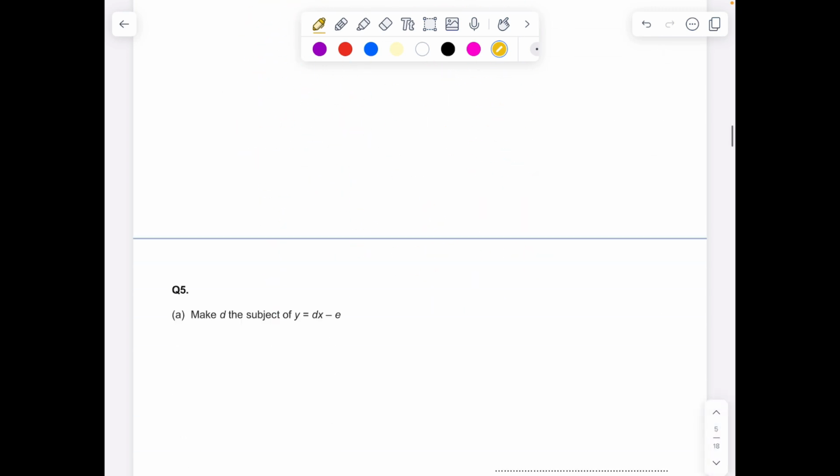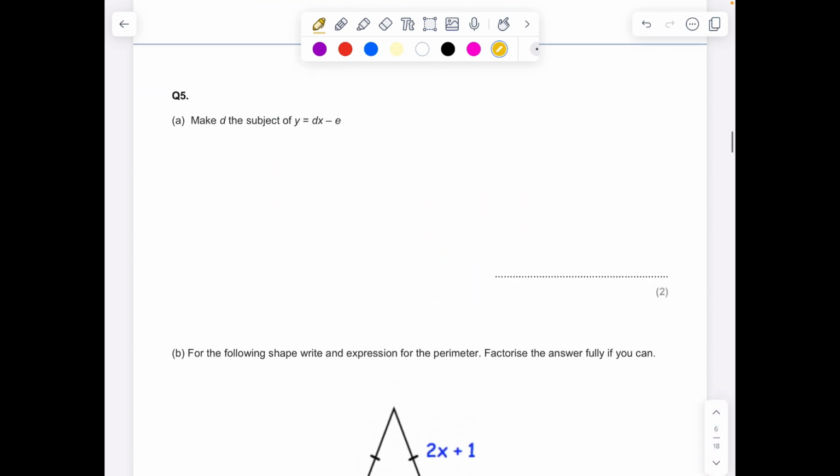Okay, so next one we're going to make D the subject. So let's undo what's happening to D. The first thing I'm going to undo is the minus E by adding E to both sides.